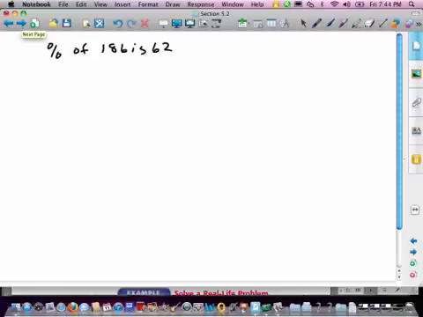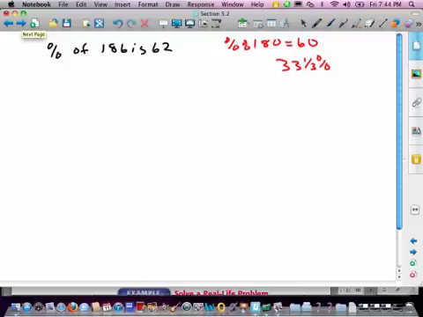If I want to do a real quick estimate here, I would think of this as what percent of 180 is 60, and 60 looks like a third of 180, so I would think it should be about 33.33% for my answer.